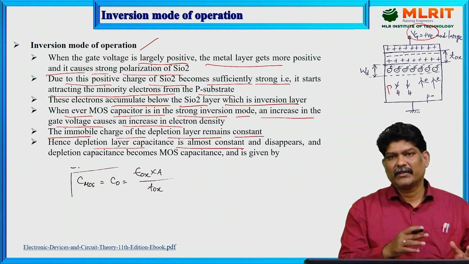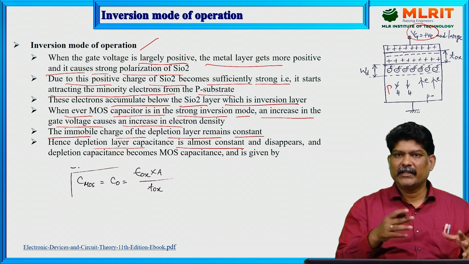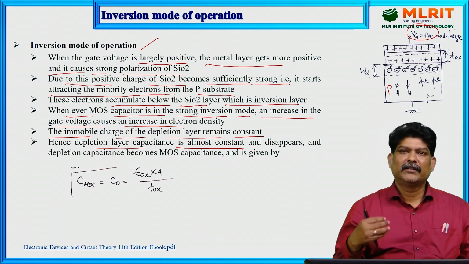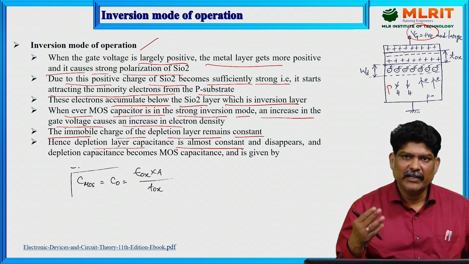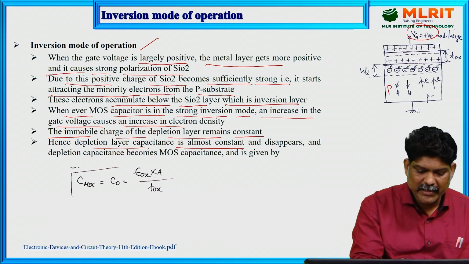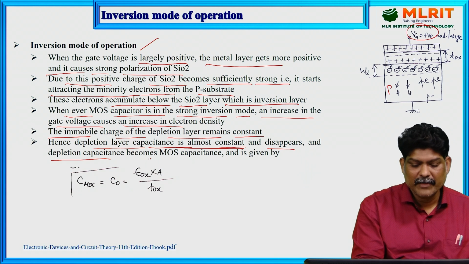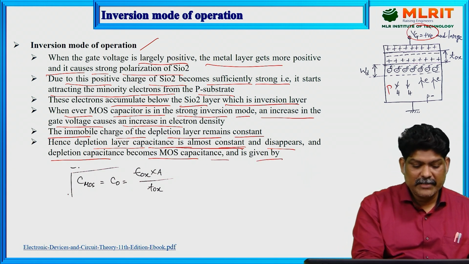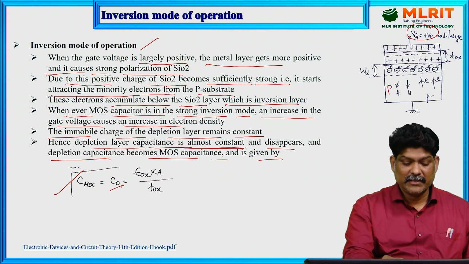At a particular gate voltage, if you further increase the positive voltage, there is some attraction of electrons towards the SiO2 layer to some extent, and after that it will be constant. Hence the depletion capacitance becomes negligible, and the MOS capacitance is given by the oxide capacitance C naught, which is epsilon A by d ox.